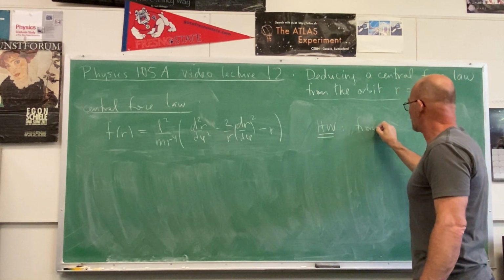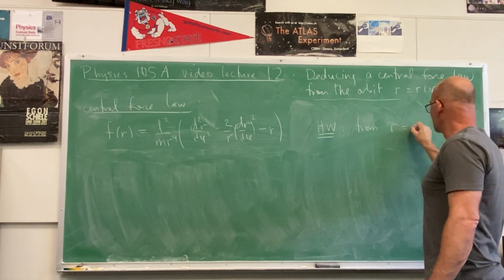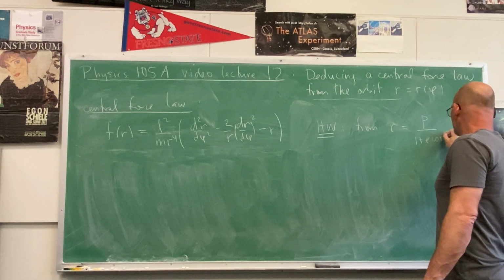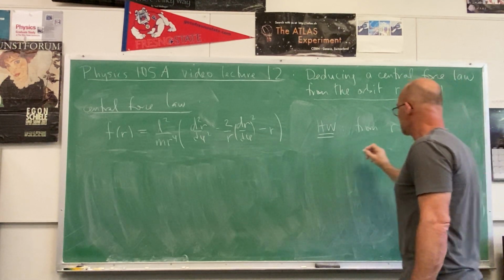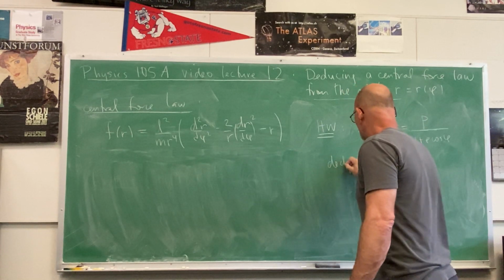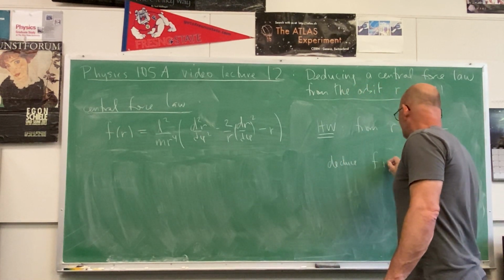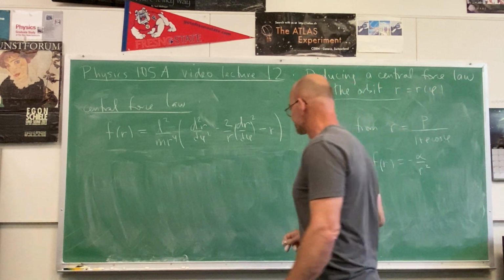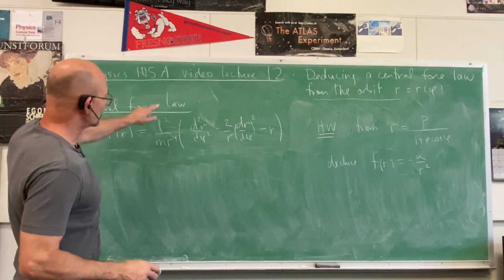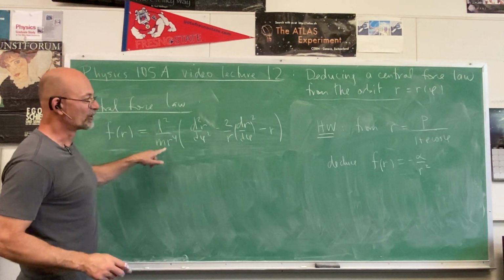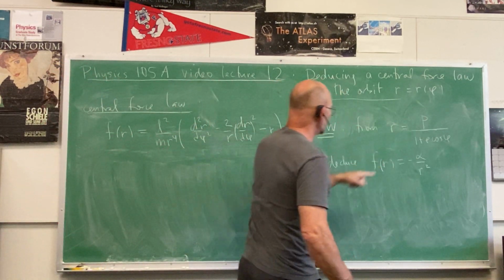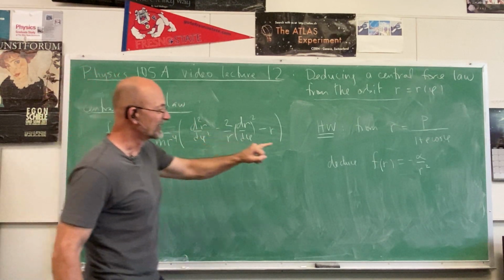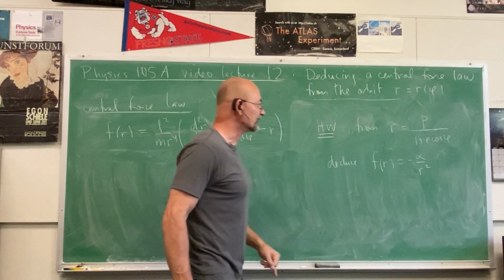From r equals p over 1 plus e cos phi, deduce f of r is equal to minus alpha over r squared. And this L squared over m here, you're going to find that parameter p can be substituted for L squared over m alpha, and that's going to bring out the alpha in your problem when you're all done.